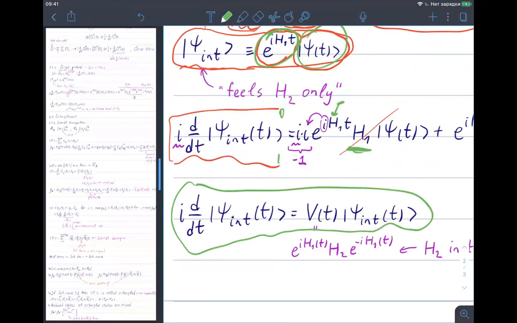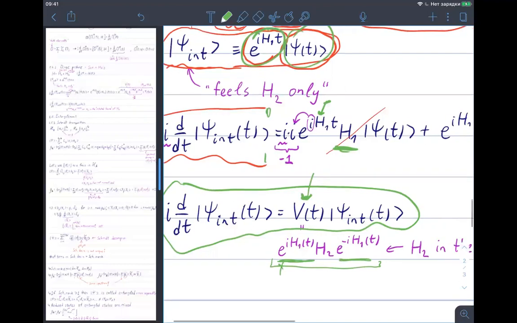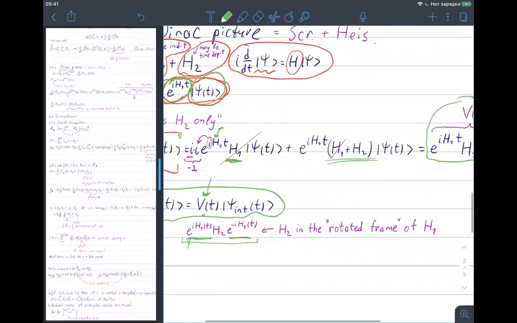However, the effective Hamiltonian, which of course at its core has H2, is not H2 but a corrected version of H2. It's given by this: we need to put the sandwich of these H1 exponentials around it. So it's like H2 in the rotated frame of H1.